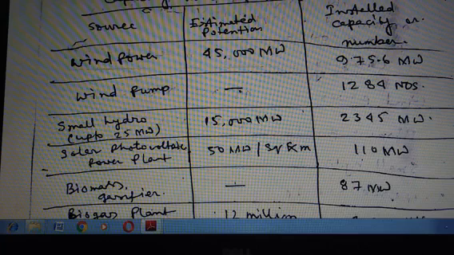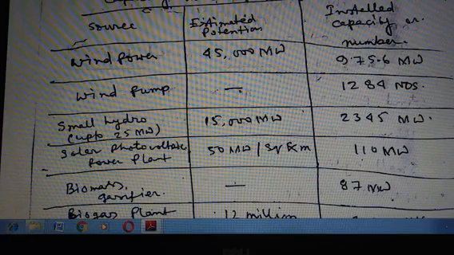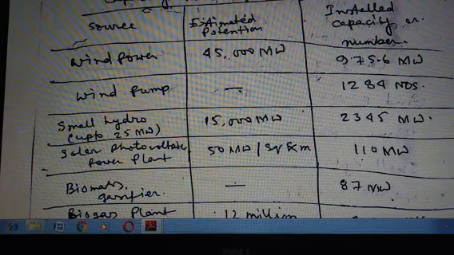For wind pumps no estimation is required in 2009, but the Indian government installed 1,284 wind pumps throughout our country.